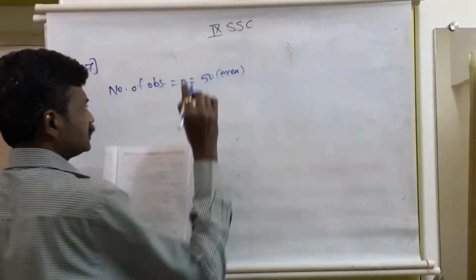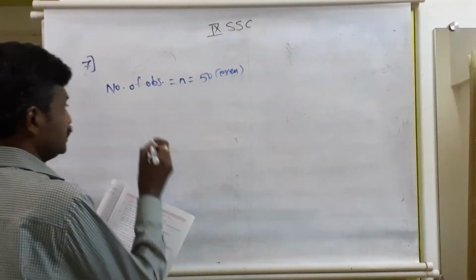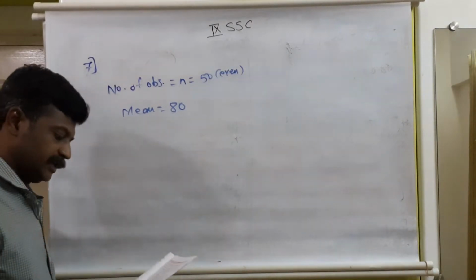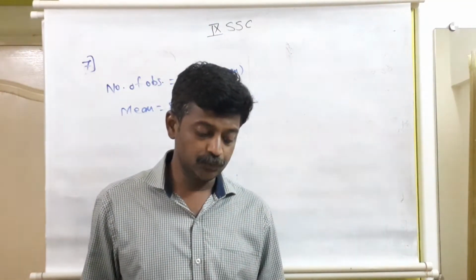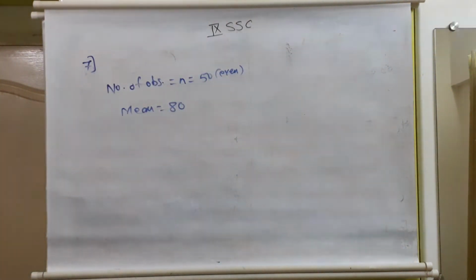The mean of these 50 observations is 80. It was later discovered that observation 19 was recorded by mistake as 91. What was the correct mean?